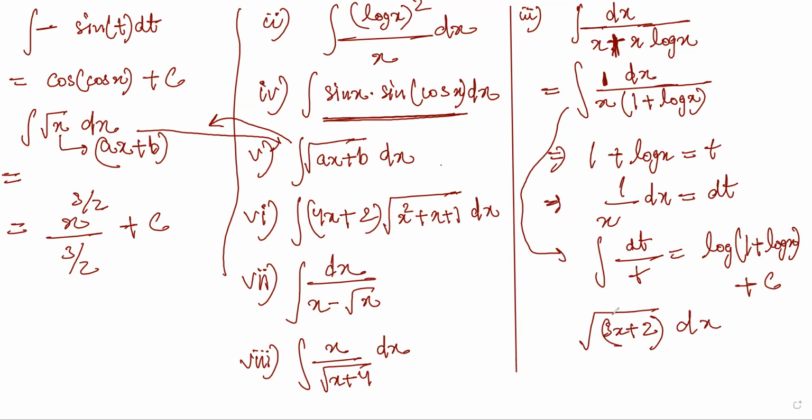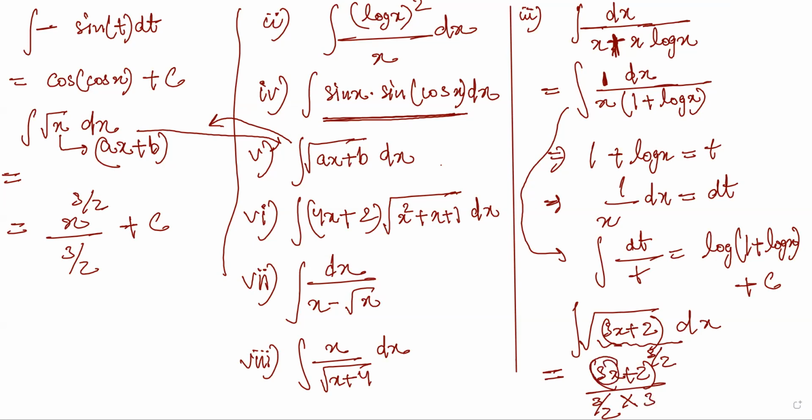Whenever x is changed with another linear function, 3x plus 2, you have to do nothing. You have to apply the same rules. So you will solve this like 3x plus 2 to the whole power 3 by 2 divided by 3 by 2. You just have to divide this whole integration with the coefficient of x, which is 3.